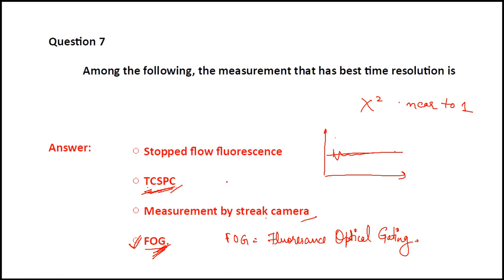The signal would be quite clear. But in case of FOG, you do not get a signal that is quite nice. You get spots, points which are joined to each other like this.